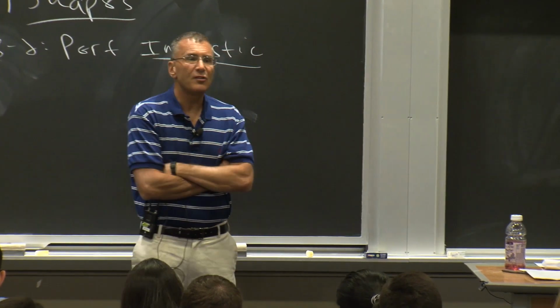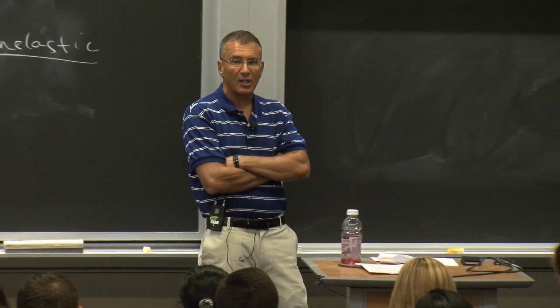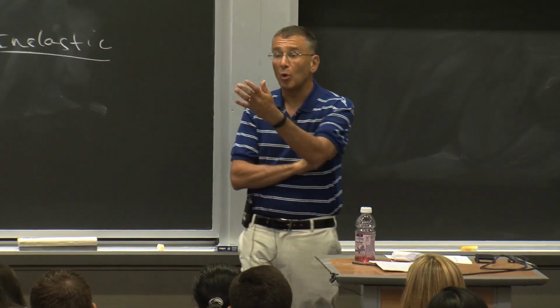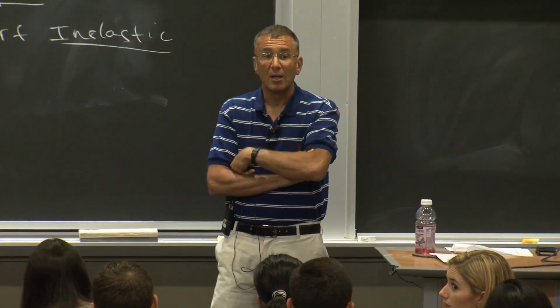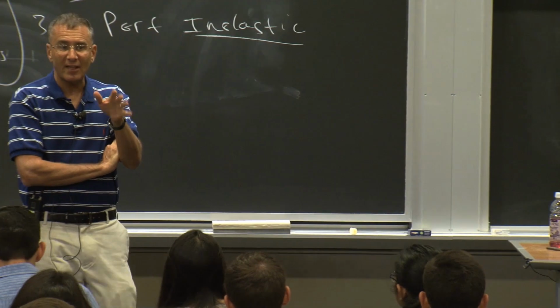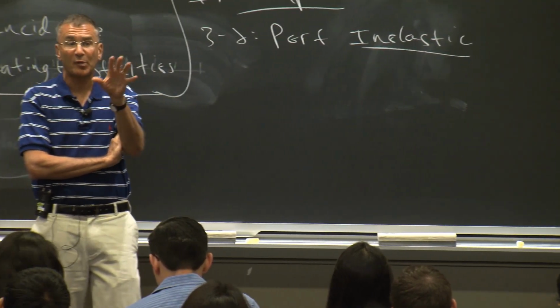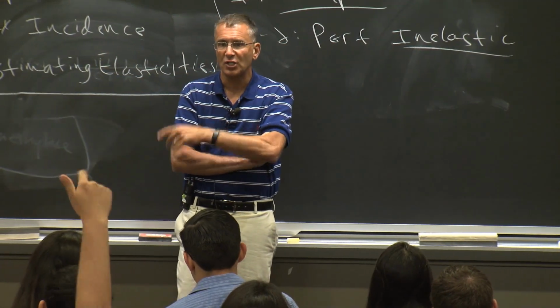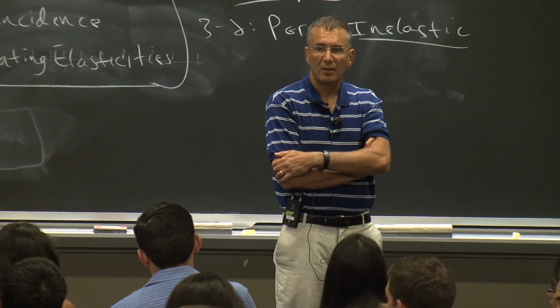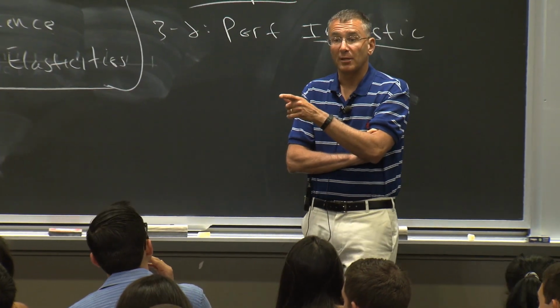Now, when is demand likely to be perfectly inelastic? Yeah? Life-saving drugs. Life-saving drugs, but more generally, that's a good example. What's the general principle? Something that consumers are going to buy the same amount of no matter what, because there's no what?